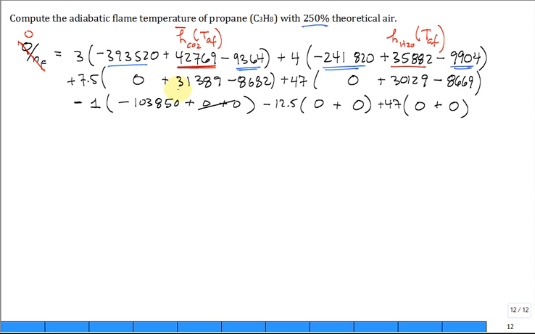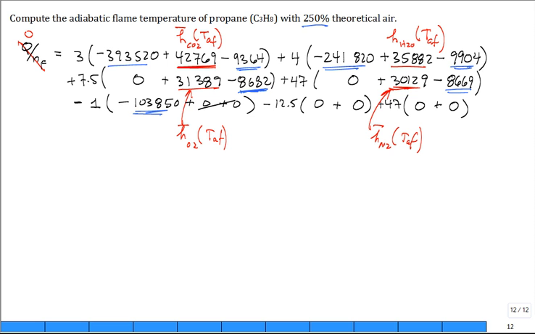Likewise, what is this? The molar enthalpy for nitrogen. No, that was for oxygen. Oxygen at the adiabatic flame temperature. And this one is the molar enthalpy of the nitrogen at the adiabatic flame temperature. The rest of these values, like the enthalpy of formation of my propane, the enthalpy at 298 for oxygen, the enthalpy at 298 for nitrogen, they all don't change.